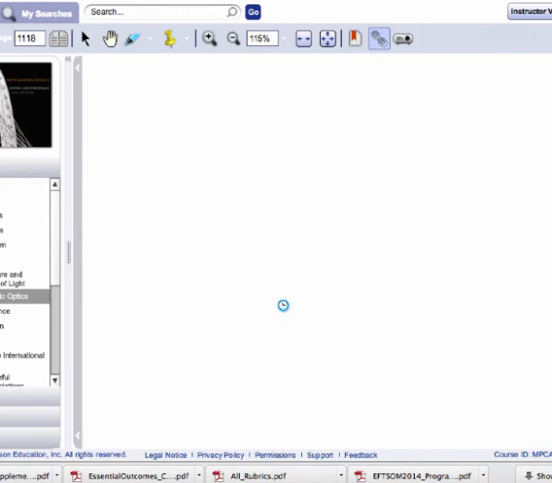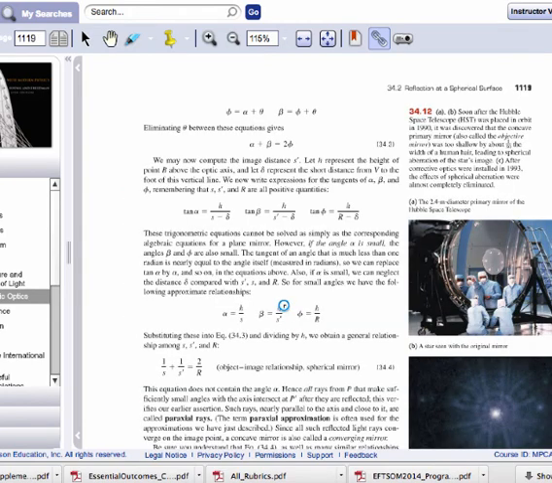Now, if you do that, going back to this page again, if you say that alpha is small and the other angles beta and phi will be small in that limit too, you can approximate tangent of alpha as alpha, and that's what's done here. And you end up with the following approximate relationships. And if you go back to this expression up here, which is another geometric argument, you come up with this expression here.